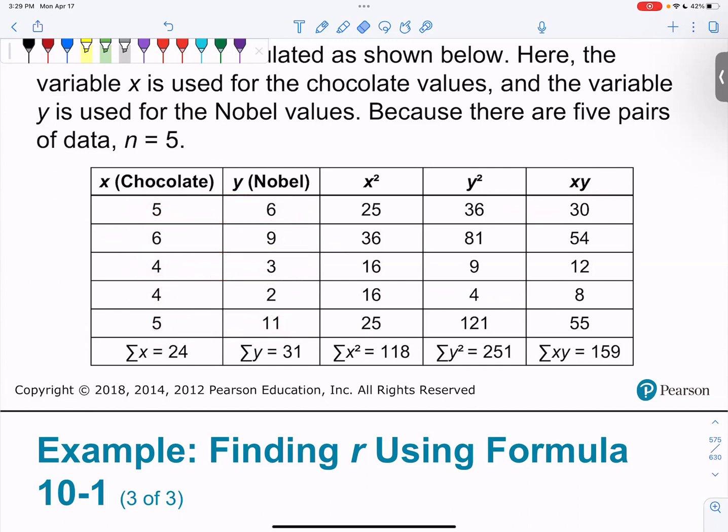And then we'll have summation. So now we will deal with this one. Summation X equal 24, which is the summation of all those values, right? And then summation of those will equal to 31. And then summation of X squared, 118, 251, and summation XY.